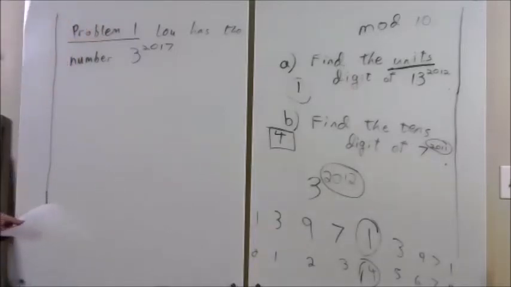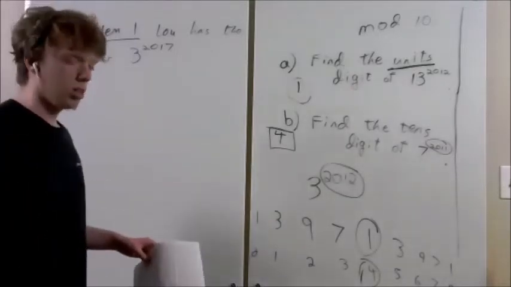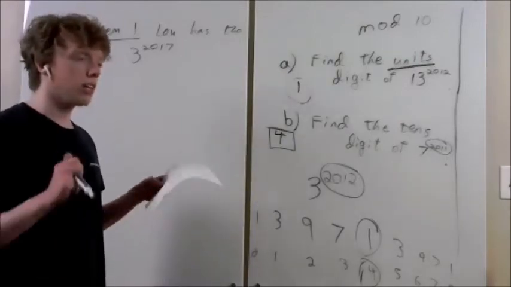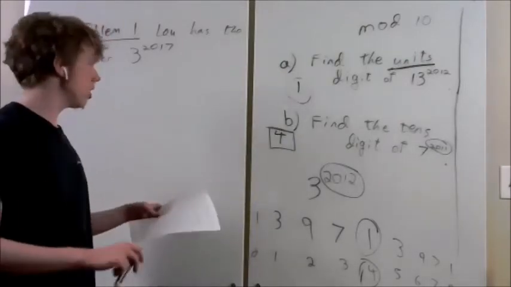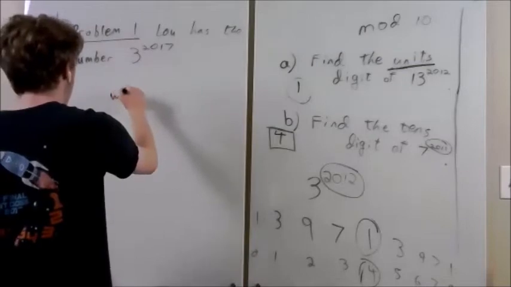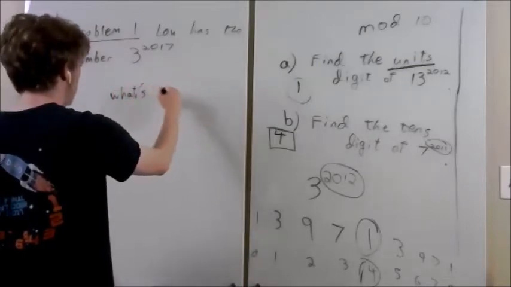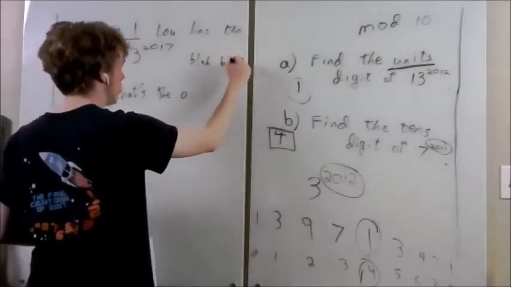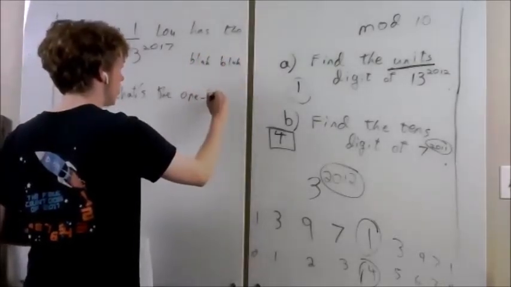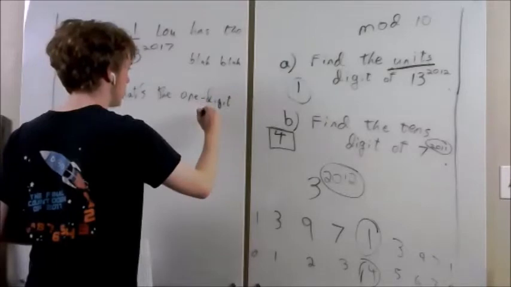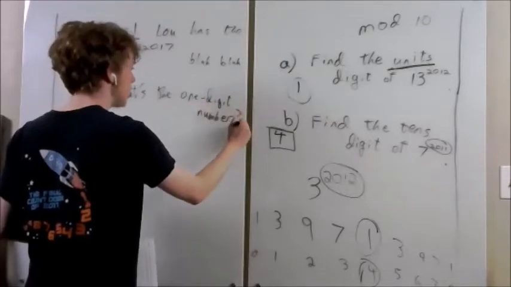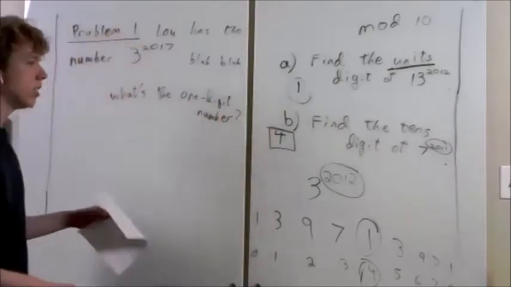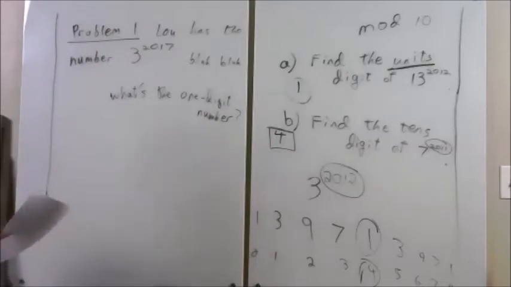Then he makes a new number by taking the sum of the digits of that number. And he continues until he gets to a 1-digit number. So the question is, what's that 1-digit number? Basically, just summing up the digits repeatedly, what's the 1-digit number that he would get at the end?